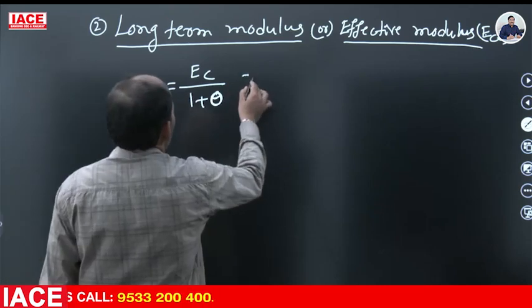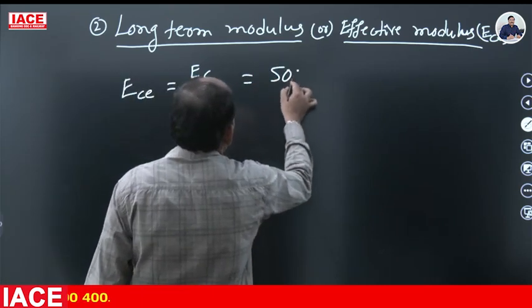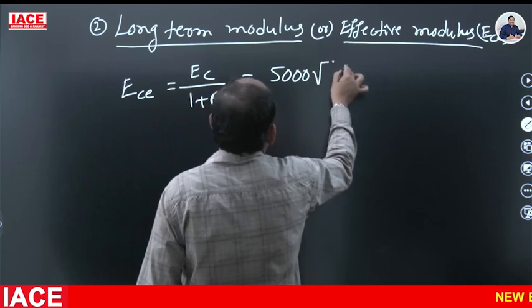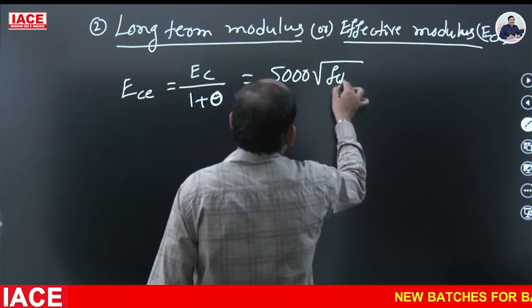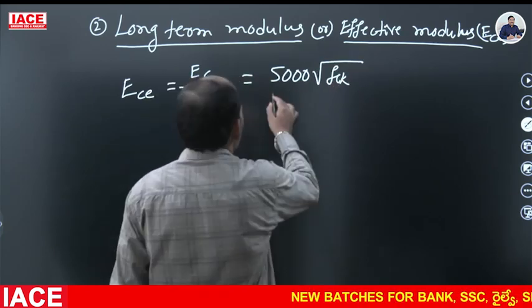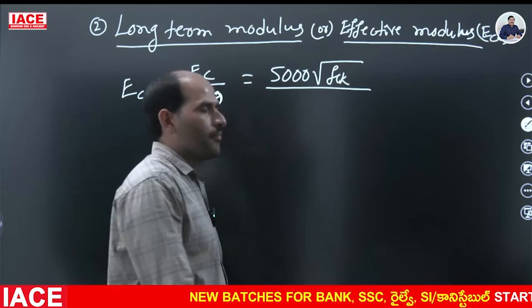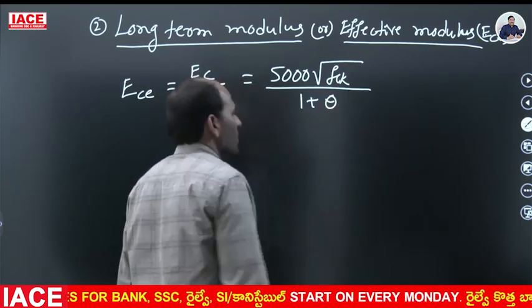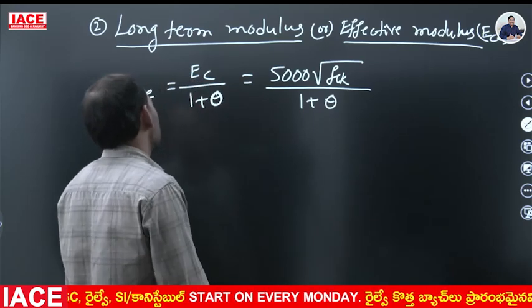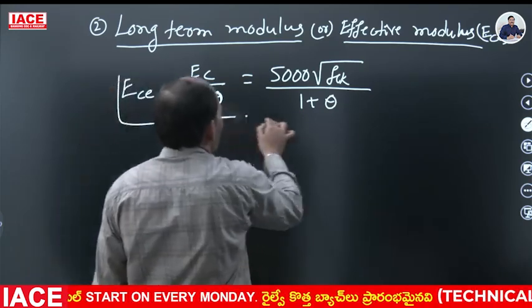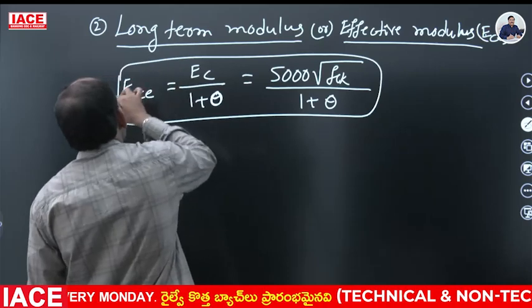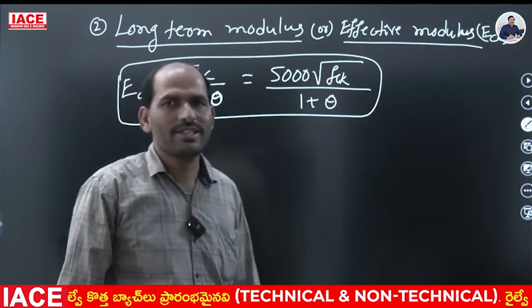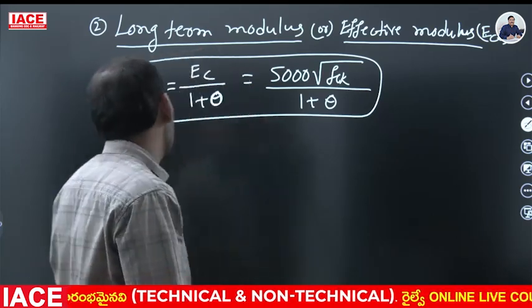That is 5000 root of FCK, 5000 into under root of FCK upon 1 plus theta. This is the formula for the determination of long-term modulus or effective modulus.